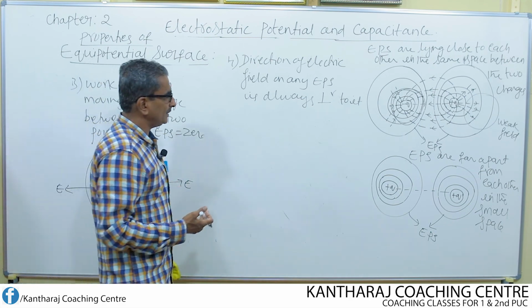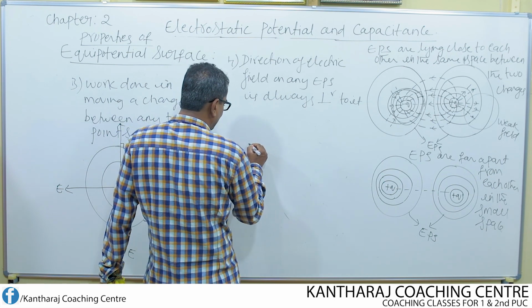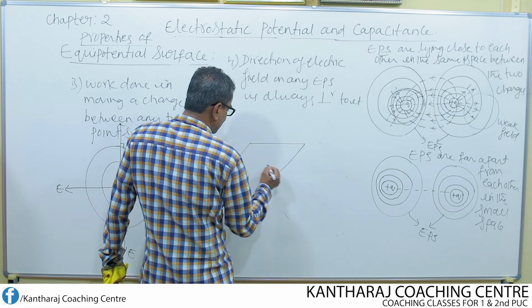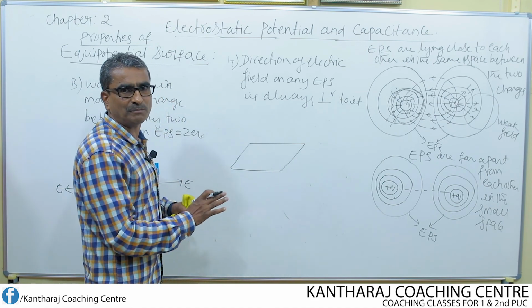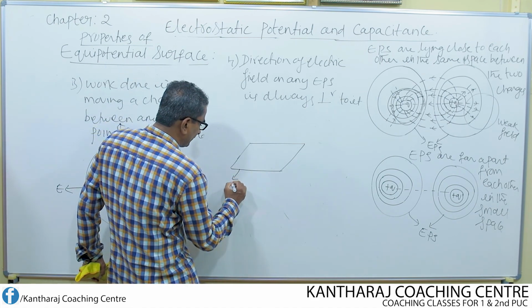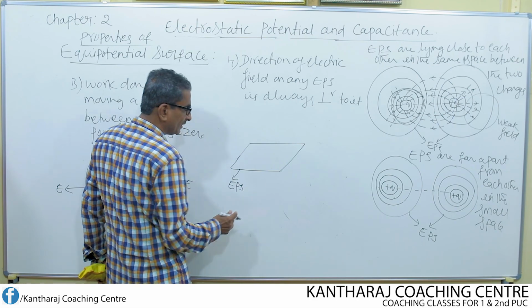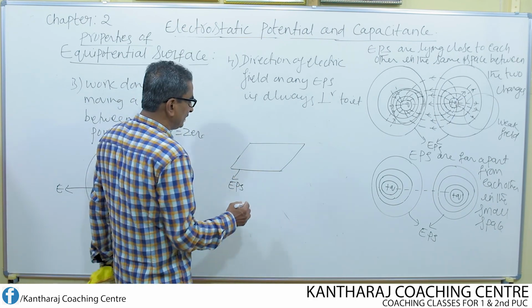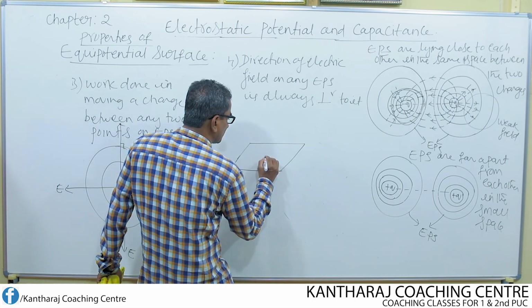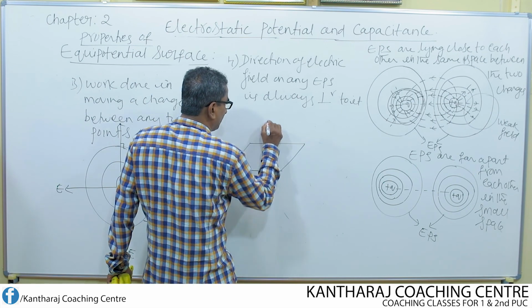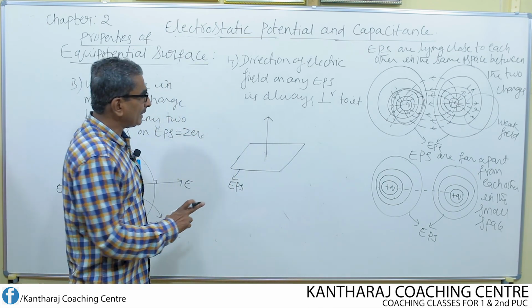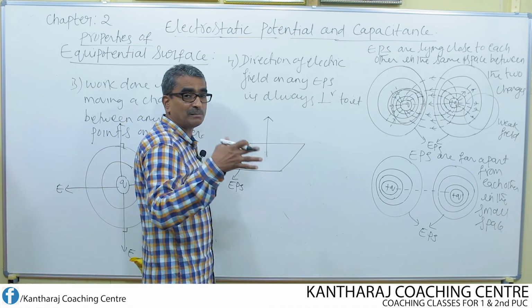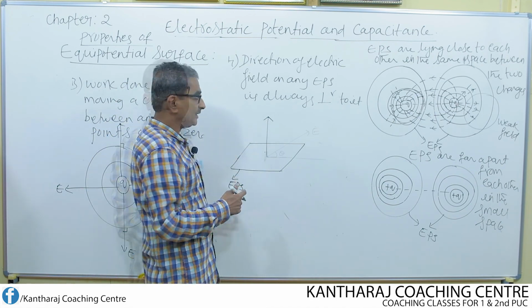Let us consider one equipotential surface in the form of a rectangular plane. The property says that the electric field direction must be perpendicular to the equipotential surface. What happens if the electric field direction is not perpendicular to the equipotential surface?